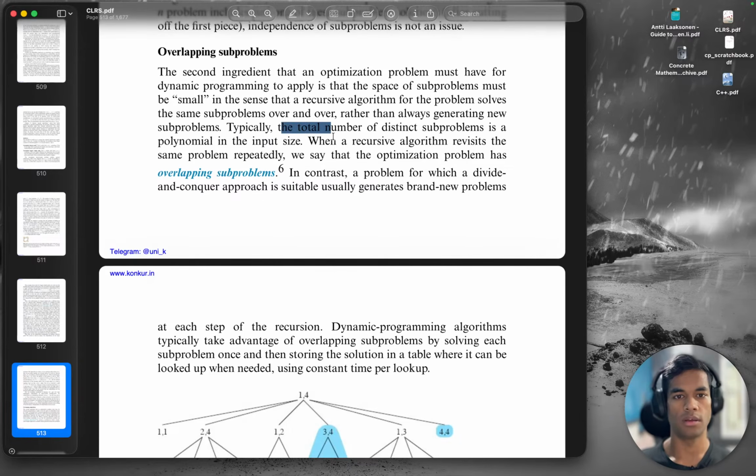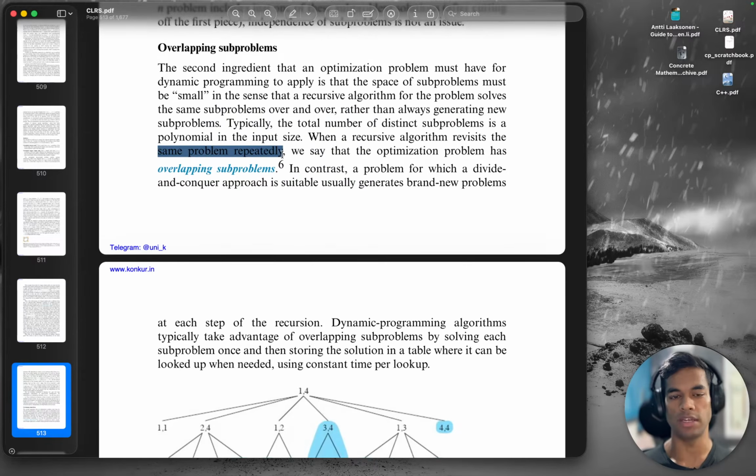Typically, the total number of distinct subproblems is polynomial in the input size.